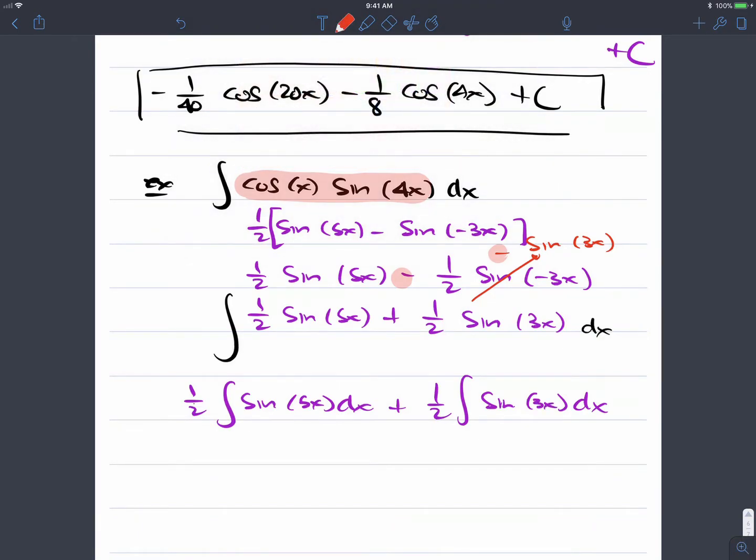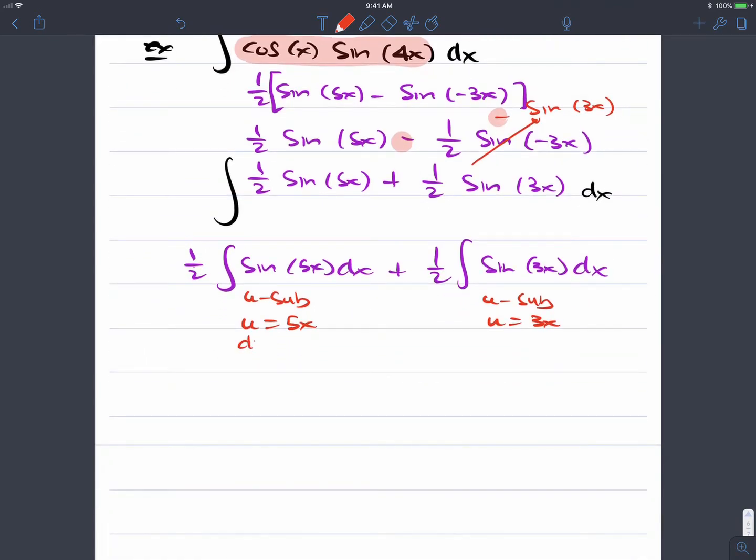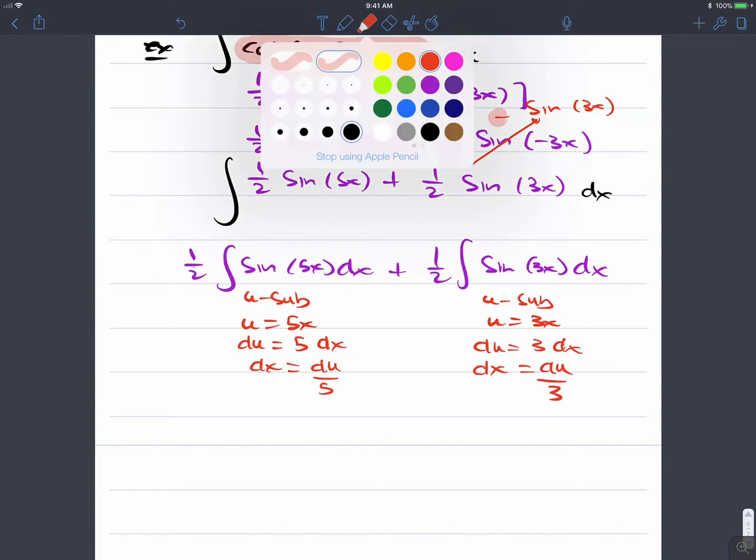We're now going to use u sub, where u here is 5x. We're going to use u sub, where u here is 3x. This means du becomes 5 dx. Du becomes 3 dx. This means dx is du over 5, and it means dx here is du over 3. So these integrals are what we're going to look at now.